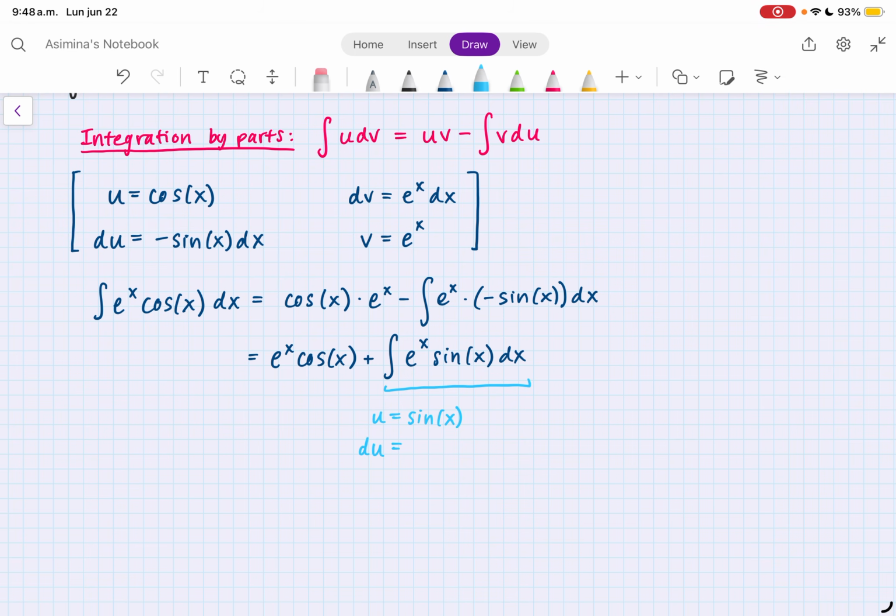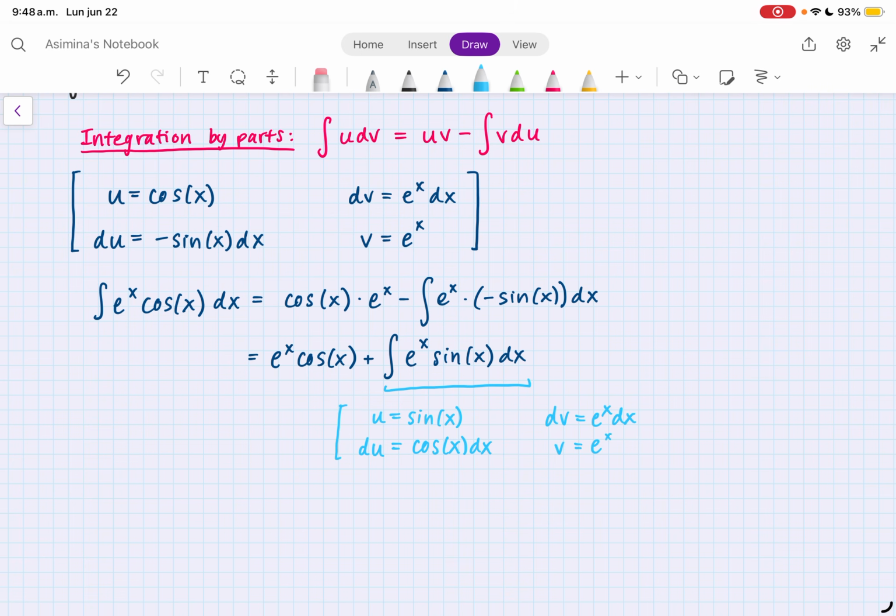Well, what's the derivative of sine of x? It's cosine of x dx. And now if u is sine of x, then that means the rest of what's in that integral needs to be dv. So dv is going to be e to the x dx, and like we saw before, the antiderivative of that, which is v, is equal to e to the x.